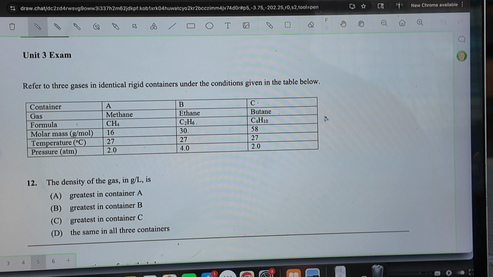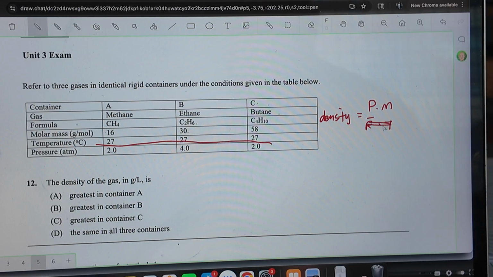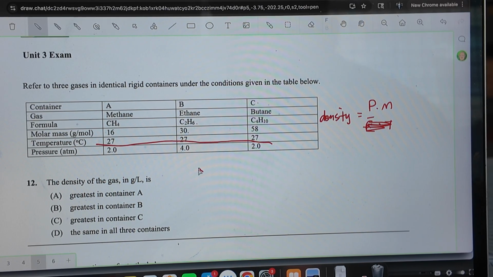Density equals P times M over R times T. In this case, all the temperatures are the same, so you can ignore R times T. The pressures are 2, 4, and 2, so A, B, and C is 2, 4, and 2. And now we need the molar mass.